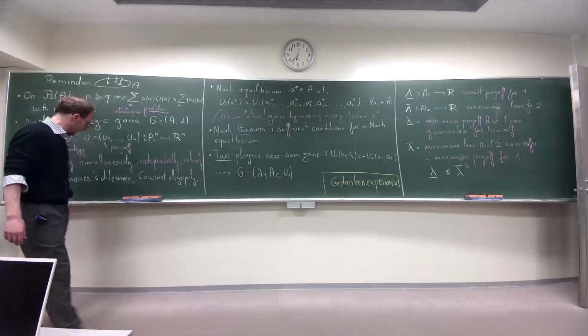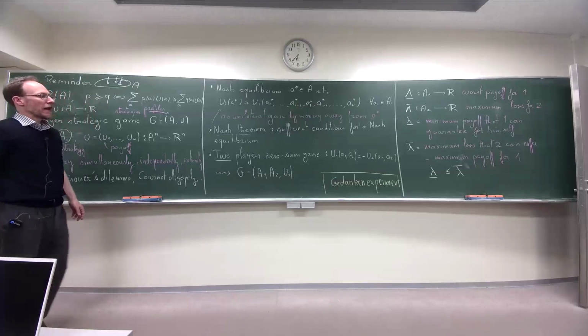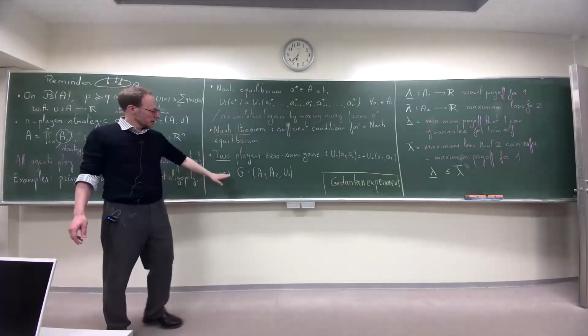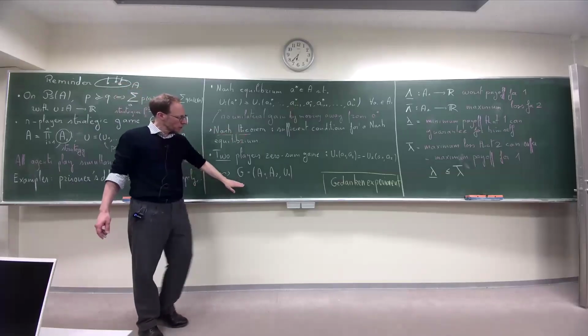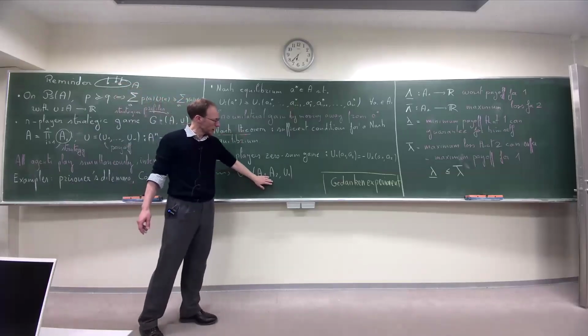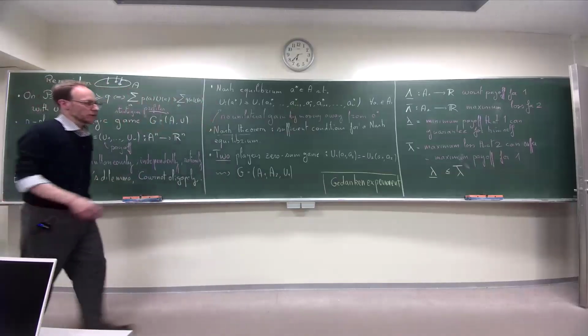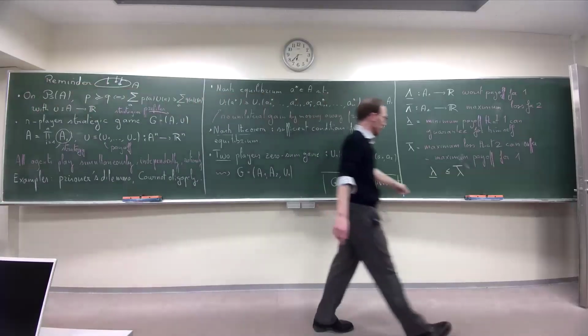That's why it's called a zero-sum game. And because U2 is completely defined by U1, to describe such a zero-sum game, you just need these two sets, A1 and A2, and one payoff function. You don't need the two because the other one is obtained by just putting a minus sign.